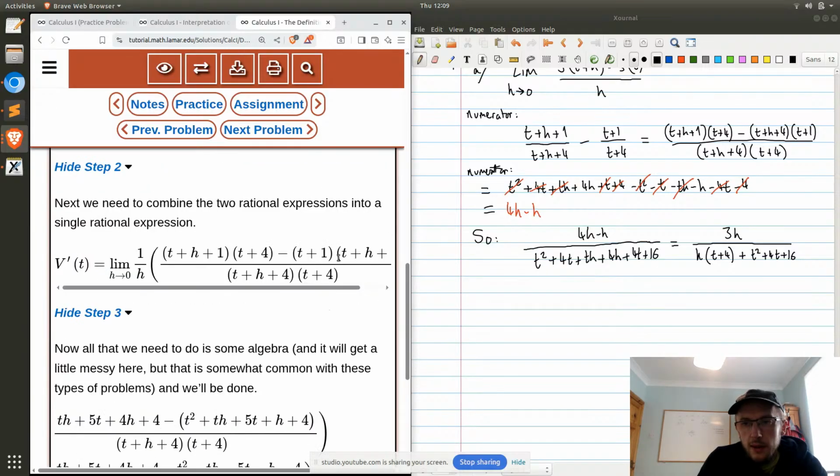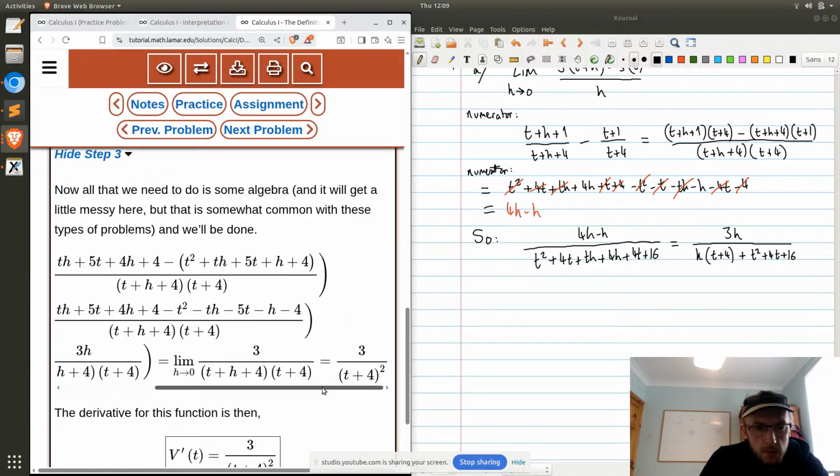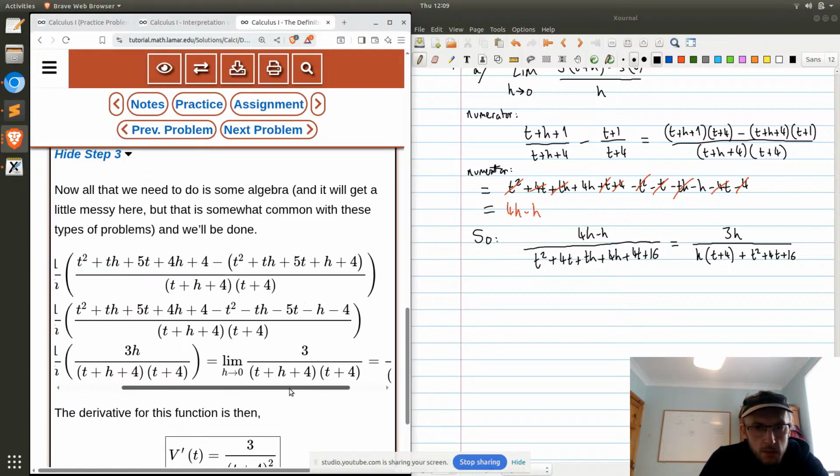Oh, that's way simpler. That's way, way, way simpler. And it's an 8t, so the fact that I didn't see that.